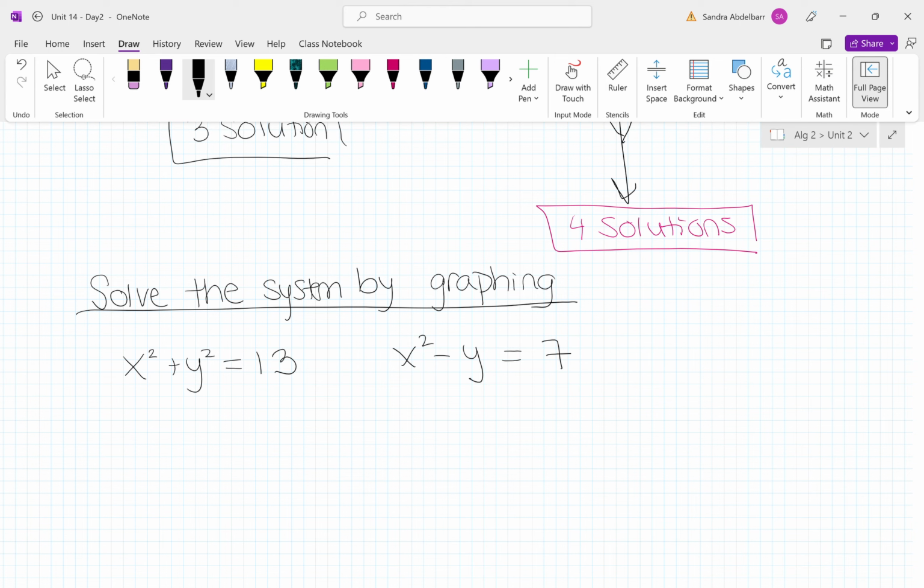A vertical parabola. Very good. All right, so I'm going to manipulate the second one so it looks like a vertical parabola. I'm going to add the y and then subtract the 7. So we are at y equals x squared minus 7. This is the same as y equals x minus 0 squared minus 7.